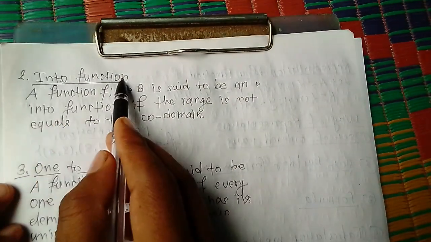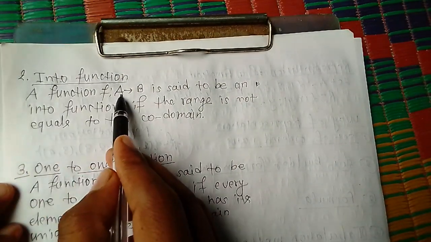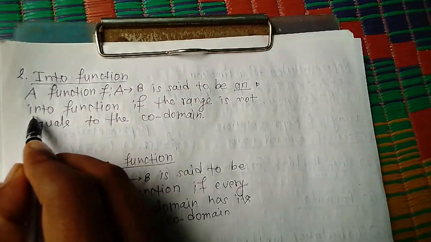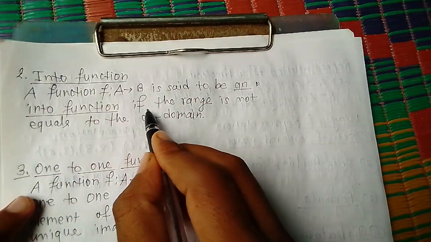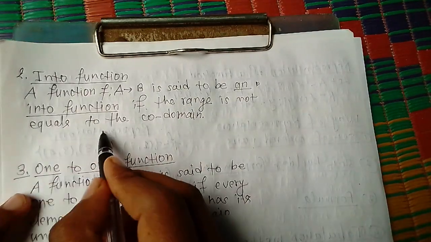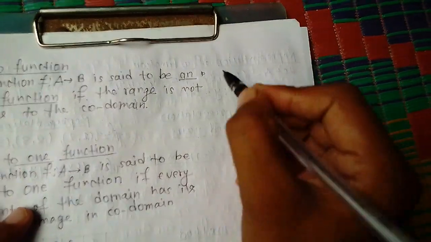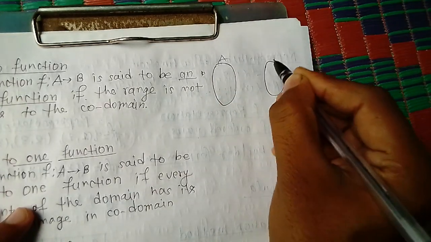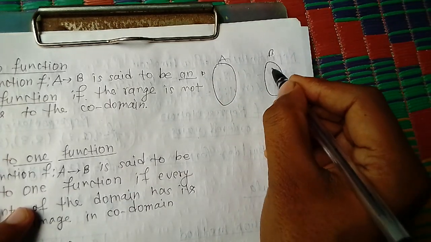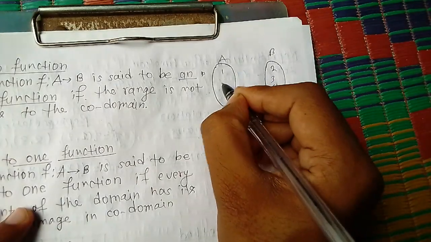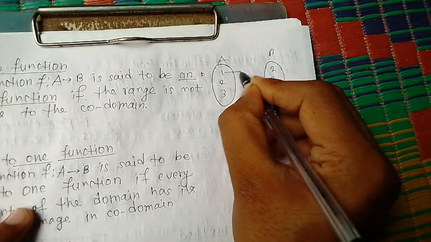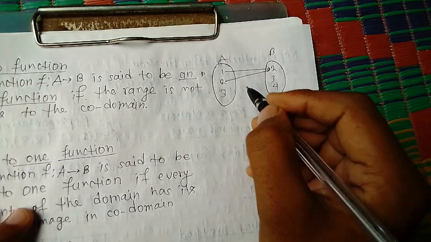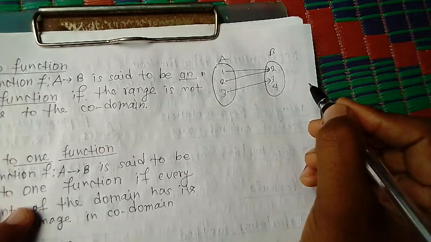Number 2, into function. A function f from A to B is said to be an into function if the range is not equal to the codomain. If here are A and B, with 1, 2, 3 and 2, 3, 4, then 1 is related to 2, 2 is also related to 2, and 3 is related to 3.